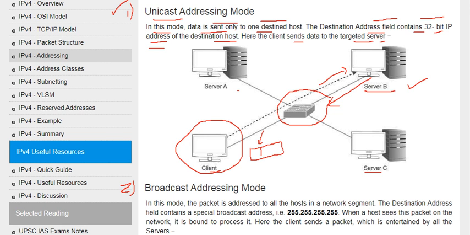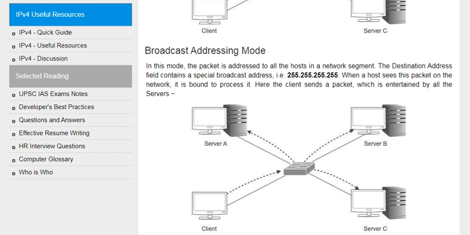Second one will be the broadcast addressing mode. So in this addressing mode the packet is addressed to all the hosts in a network segment. तो ये एड्रेसिंग मोड में जो भी पैकेट सेंड होगा फ्रॉम क्लाइंट, इट कैन बी अ ब्रॉडकास्ट टू द ऑल सर्वर्स. सो द डेस्टिनेशन एड्रेस फील्ड कंटेन्स अ स्पेशल ब्रॉडकास्ट एड्रेस दैट इज 255.255.255.255. सो दिस इज द एड्रेस विच इज़ यूज फॉर ब्रॉडकास्टिंग एड्रेस from the destination address.